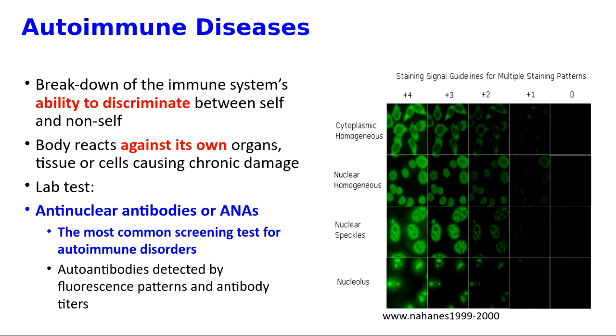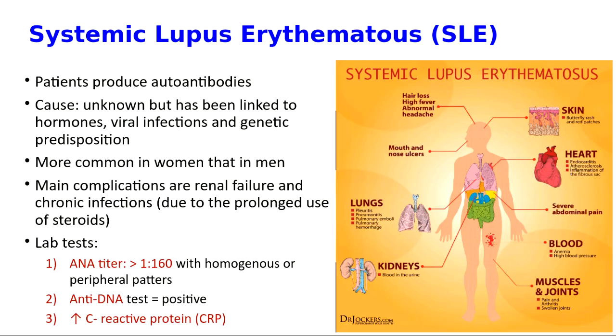As you can see in the picture on the right, there are different patterns of reaction. It is usually done through fluorescent testing, and depending on titer and pattern of fluorescence is the disease association. So the results have to be interpreted by a specialist.